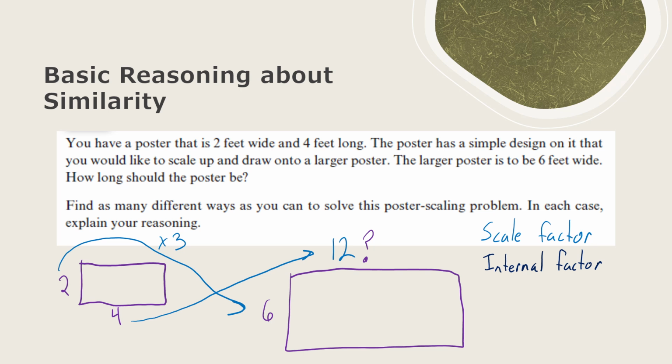So you may notice that between how wide it is and how long it is, we have this times 2 relationship. Similarly, we could figure out this 12 by saying, okay, if the long is twice what the wide is, then I should multiply that 6 by 2 to get the 12. Either one of these work, and they show up whenever we talk about similarity.